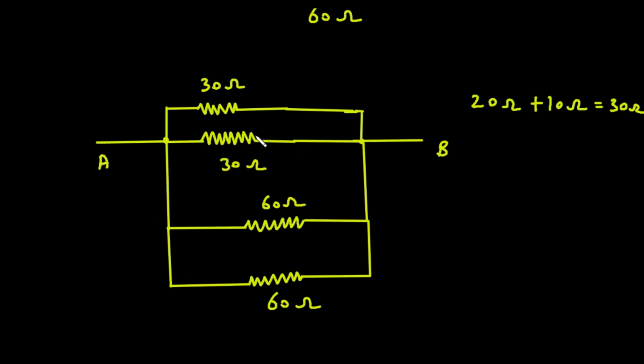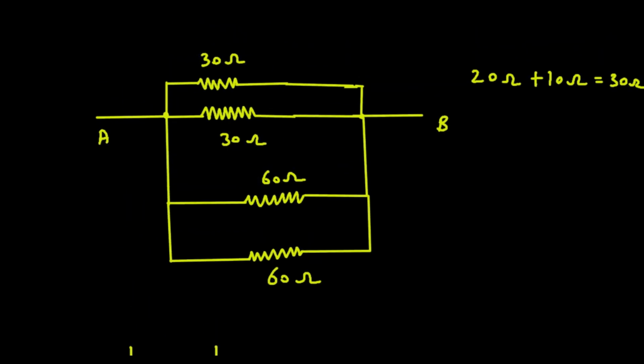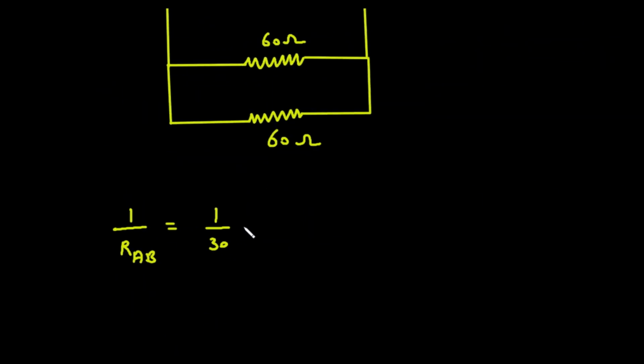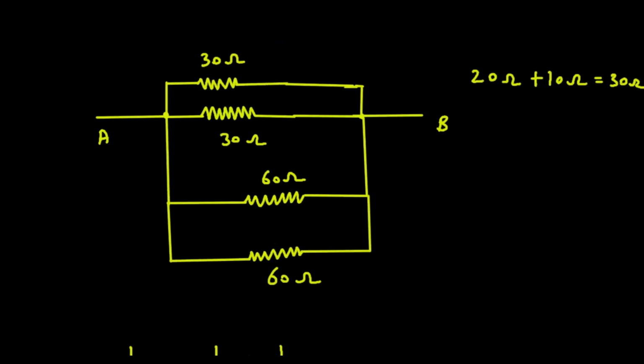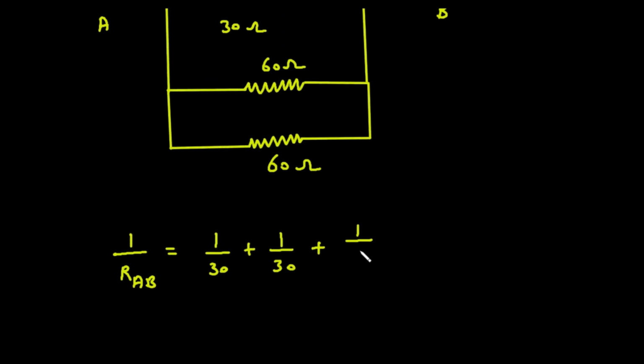Now here we can clearly see this 30 ohm, 30 ohm, 60 ohm and 60 ohm are all connected in parallel. So therefore 1 upon RAB is equal to 1 upon 30 plus 1 upon 30 plus 1 upon 60 plus 1 upon 60, because they are all connected in parallel.